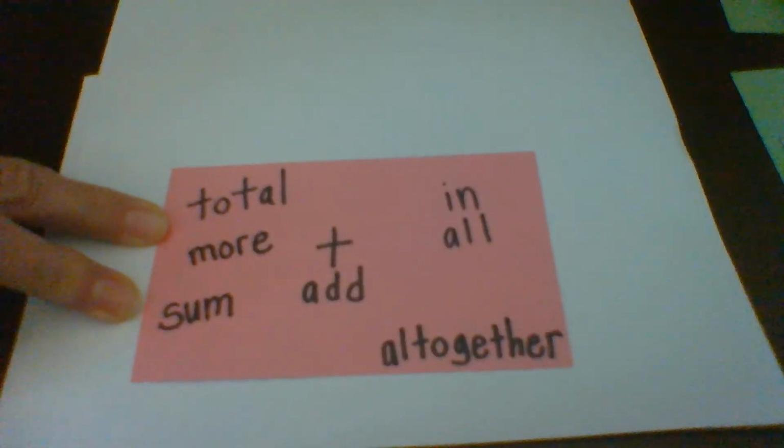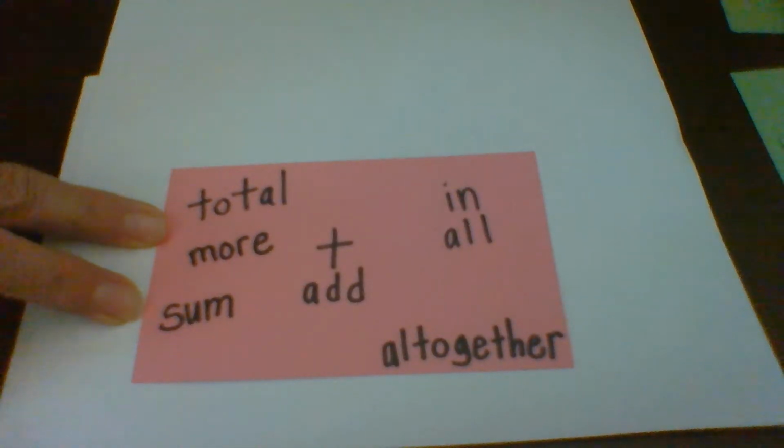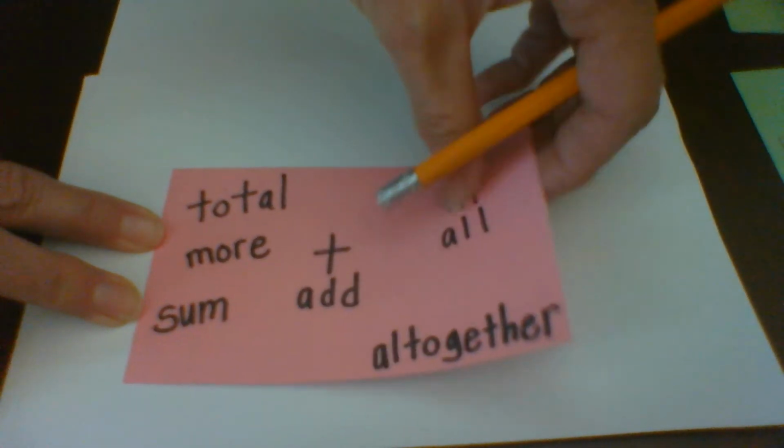Do those sound familiar? Those tell us that we want to add. So when you hear a story problem and you hear any of those words, you want to circle them, right? Because they're good clue words that tell us, oh yes, I want Mr. Chad Add. I need to put my numbers together to make them greater, right?